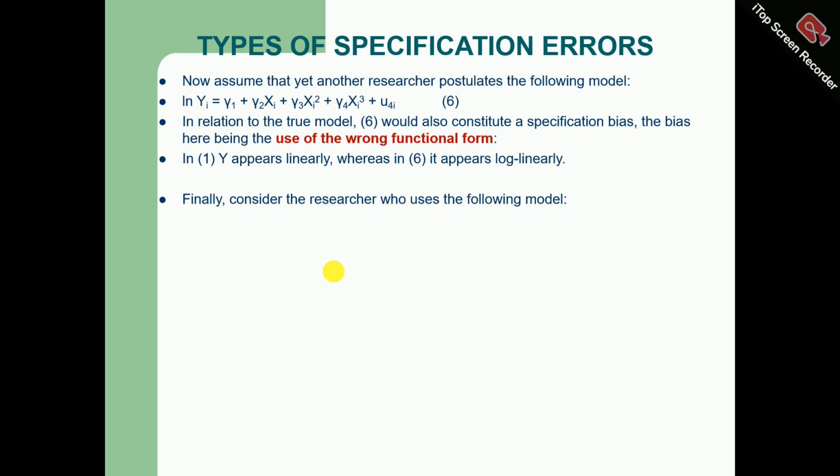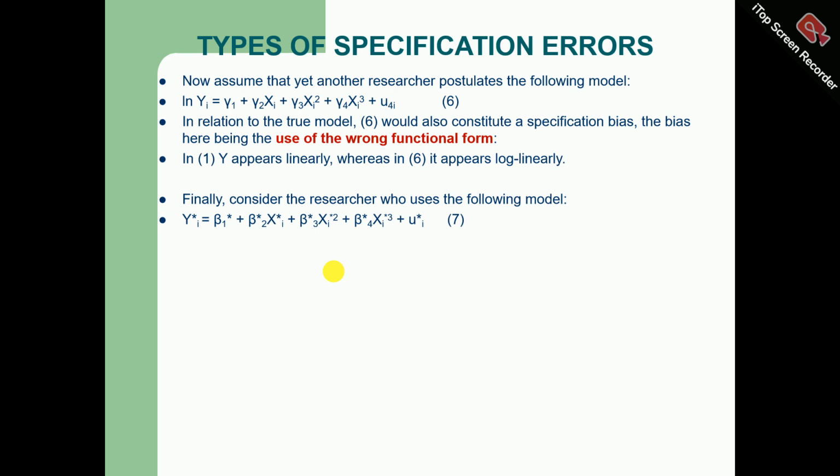Finally, consider another researcher who uses the following model, where instead of the actual yi we use a proxy of yi, which is yi star. Then we have beta 1 star, beta 2 star xi star, beta 3 star xi squared star, and beta 4 star xi cubed star, plus u1 star.